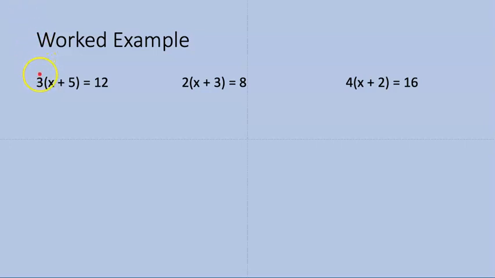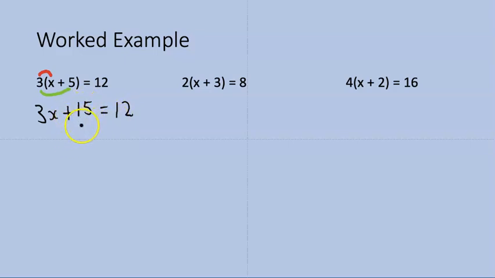So you first want to do 3 times x, which gives me 3x. And then you want to do 3 times 5, which gives me 15. And we know that still equals 12. Now, just because we've got this number bigger than this doesn't mean we change our method.